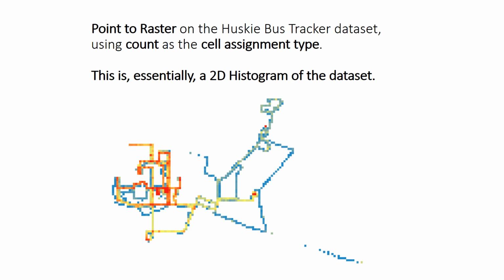So this is what that data might look like applied to that Husky bus tracker data. We take all the point data of the observations of where all the buses were, and we might use something like count. So how many buses did we see in that grid cell over that time period? This is essentially a 2D histogram of the data set, to kind of bring this around full circle. So this is a map showing where buses are the densest, where the buses are most frequent.